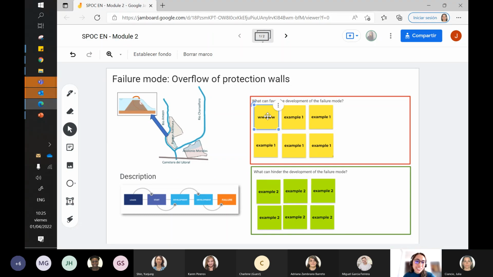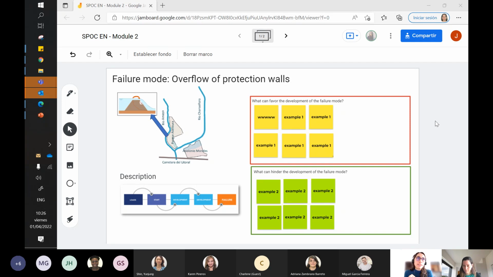So I hope you all can see the screen. We are going to work together using this workflow that is in the readings of the module for this week to define the failure mode. And the example that we're going to use is that, as you saw, there's this high exposure to floods in the park.